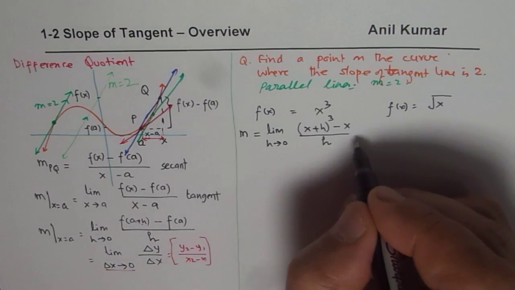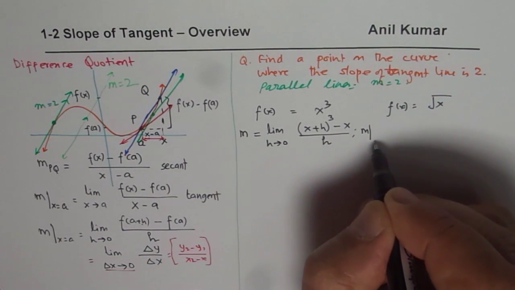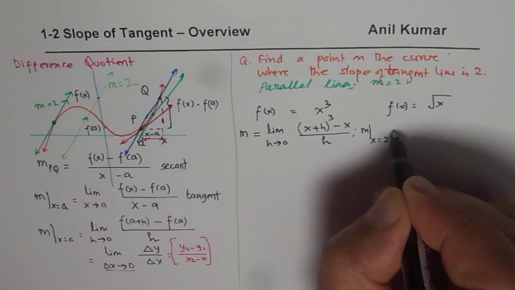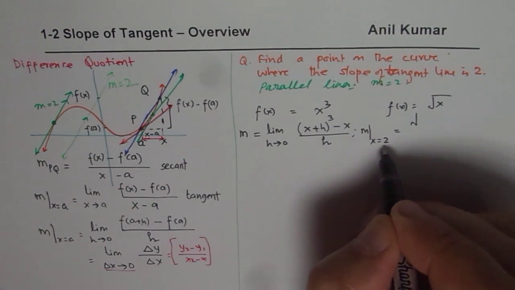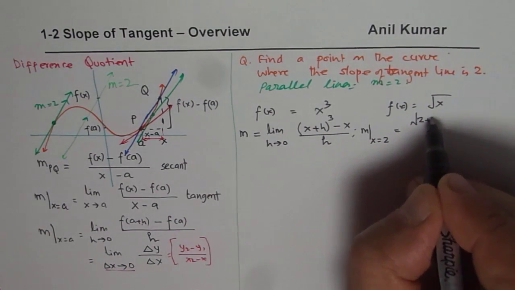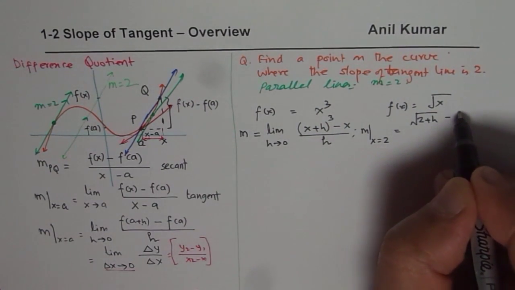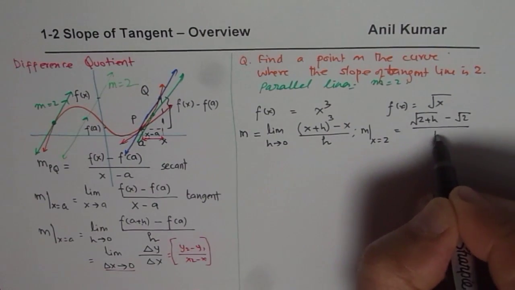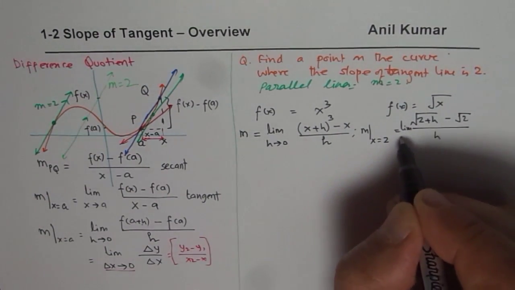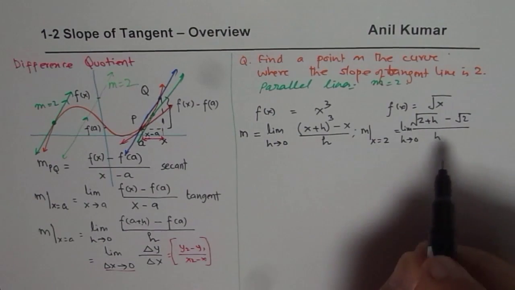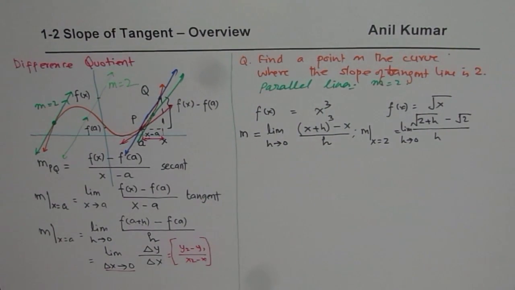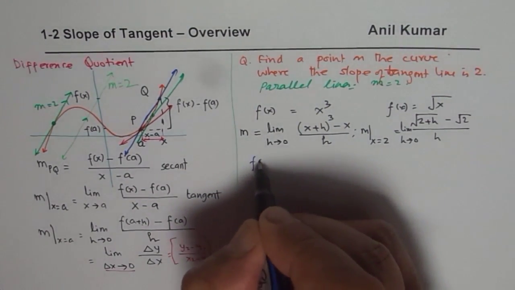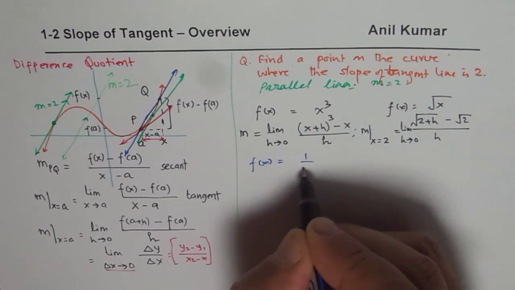In case we want to write the slope at, let us say, x equals 2 for the square root function, the equation could be written as the limit as h approaches 0 of square root of 2 plus h minus square root of 2, over h. If you rationalize and solve, you'll get the slope, right? You could also get rational functions. For example, f of x could be given as 1 over x.